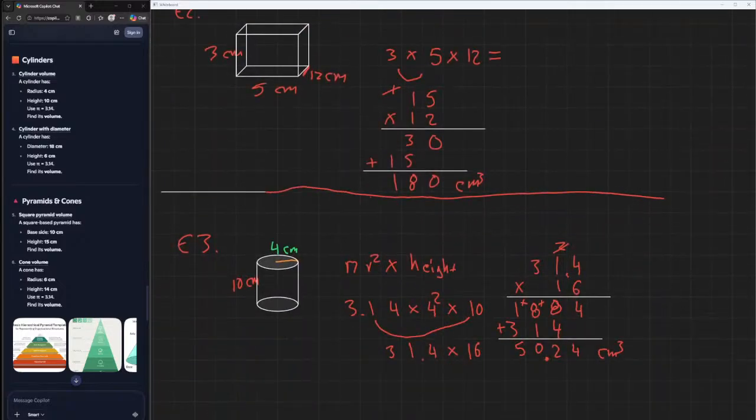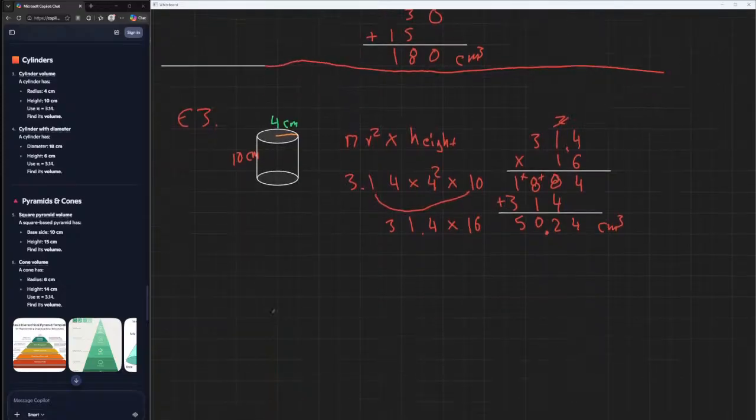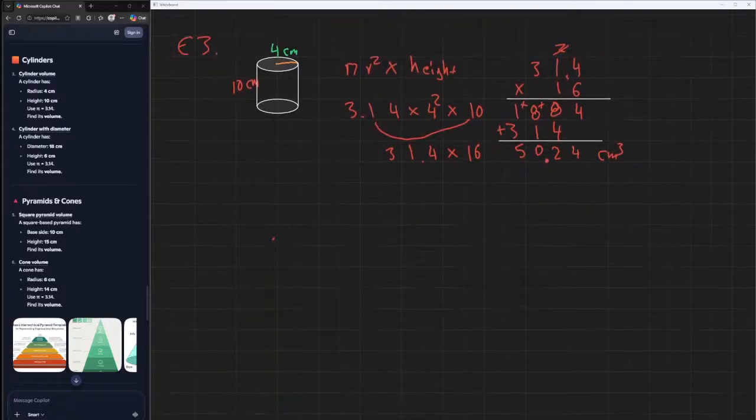Yeah, it's 3. 4 and 10. I have a feeling like I have to do pi r squared and then do it 2 times to find both circles. Let's try this approach, okay?